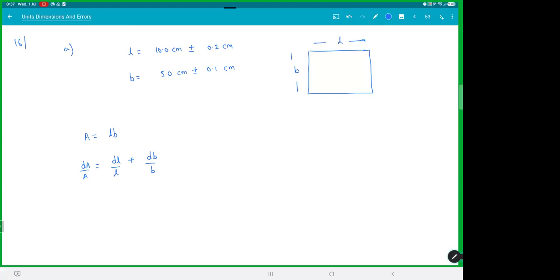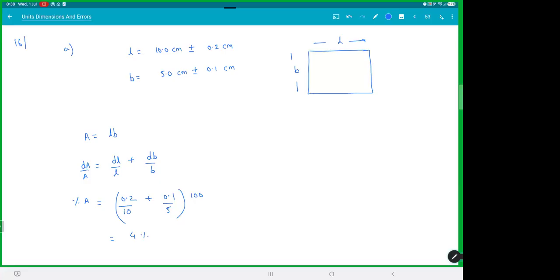So the percent error in A will be 0.2 by 10 plus 0.1 by 5. If you want percent error, just multiply by 100. That would be 2 plus 2, so around 4%. That's a 4% error, which is still kind of acceptable.